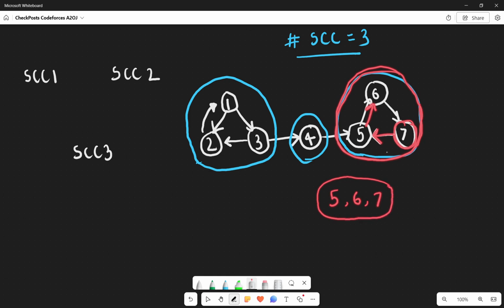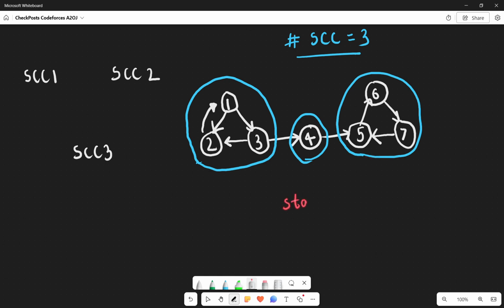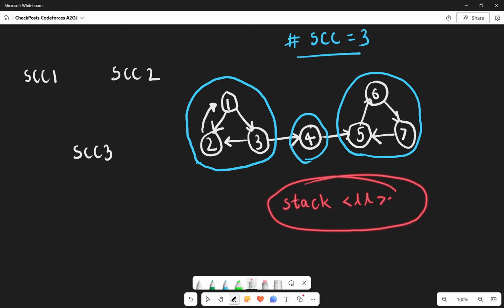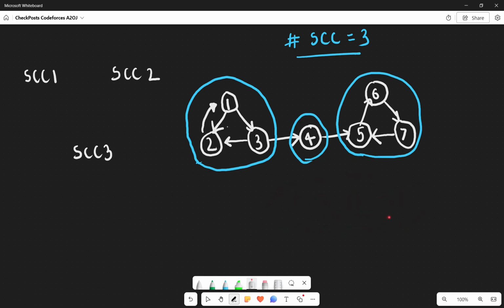Okay, so how do I know from what node I have to start the DFS to get these strongly connected components? For that we need to store the stack of the nodes. So suppose you start the DFS at 1.